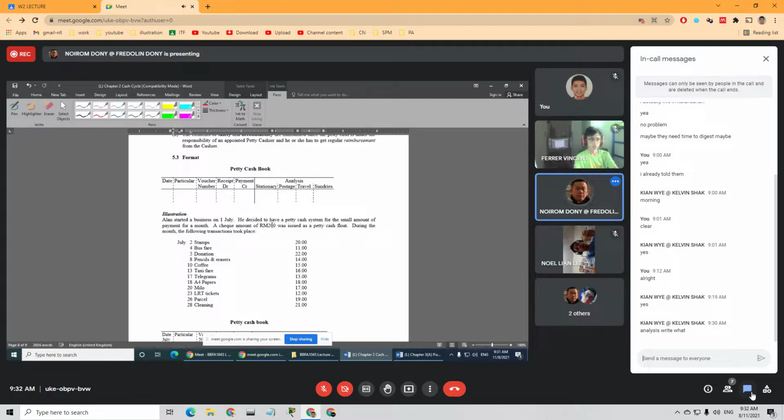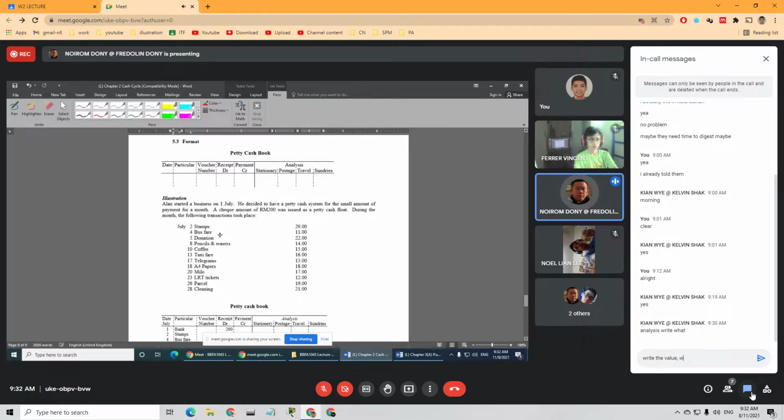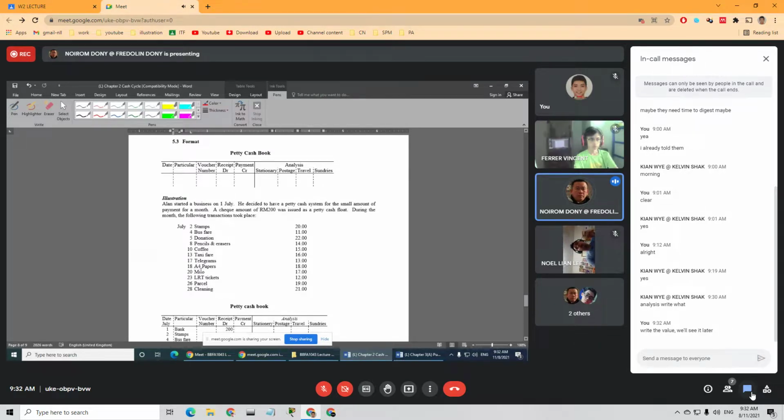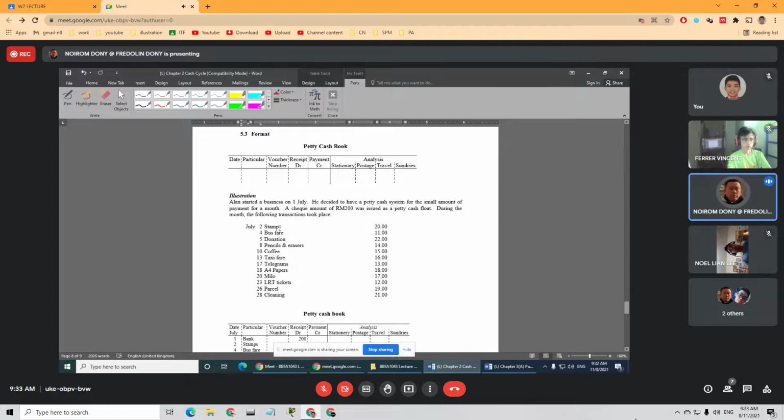But remember, the rule is maximum is 1,000, so this is adjustable. During the month, the following transactions took place: stamp, bus fare, donation, pencil, eraser, coffee, taxi fare, telegram, A4 paper, Milo, LRT ticket, parcel, cleaning. So these are the expenses that are paid using the petty cash float during the month of July.